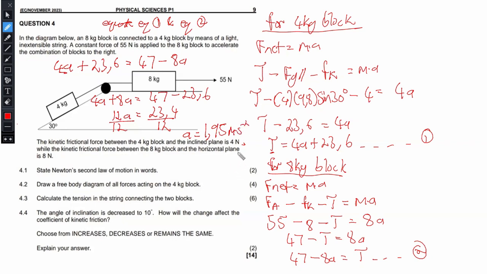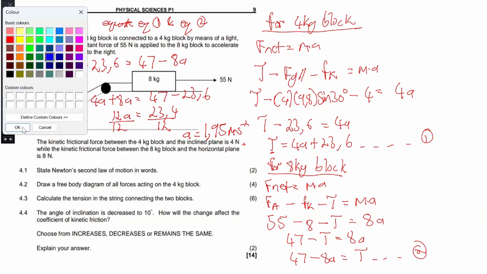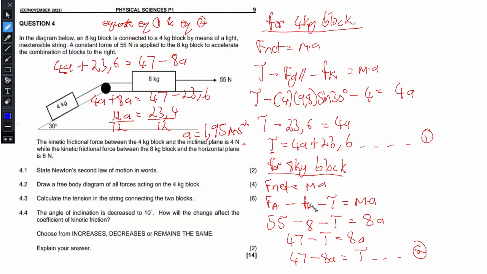But then remember, the goal here is not to find the acceleration, it is to find the tension, right? So what is tension? We can now choose whether we substitute in equation 1 or equation 2. Remember, we are trying to calculate the tension in the string connecting the two blocks. And we did mention that the tension in the 4 kg block is the same tension in the 8 kg block.